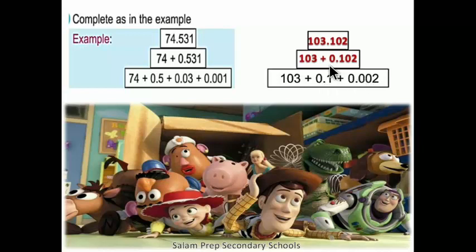The number is 102 thousandths. Now we need to find the decimal number. 103 plus 102 thousandths. The number is 103 and 102 thousandths.